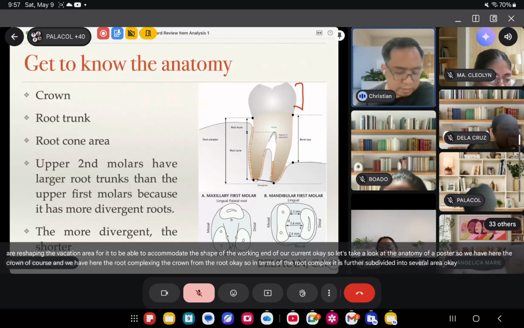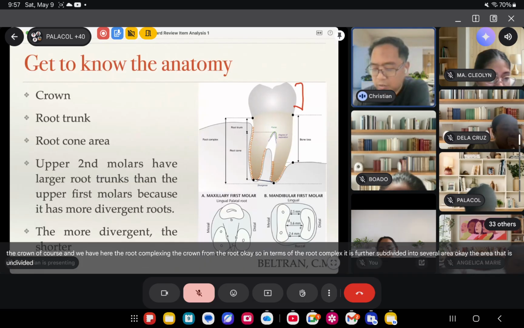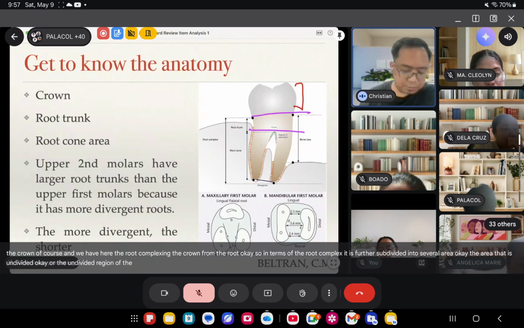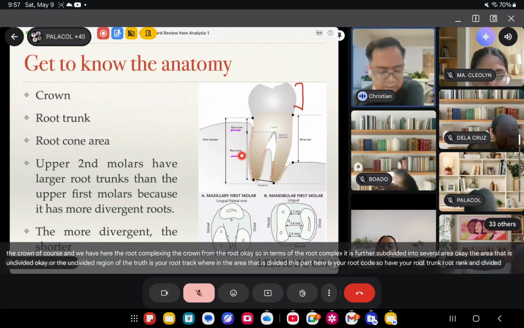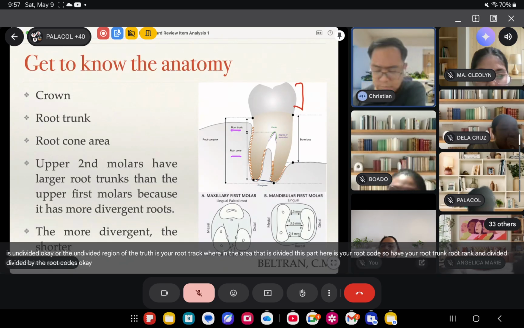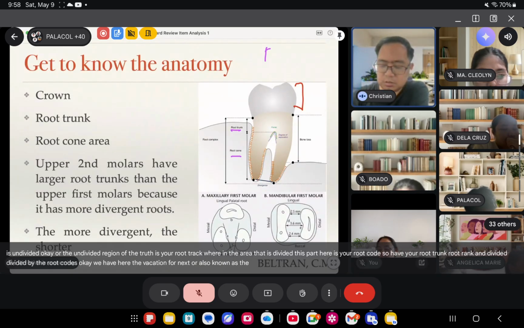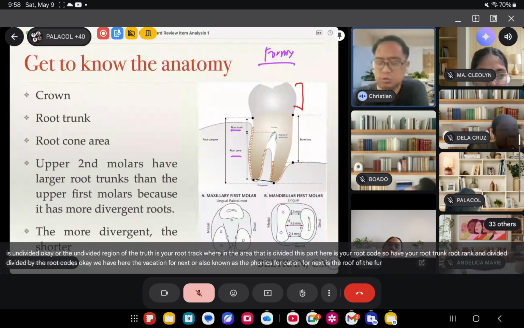The area that is undivided, or the undivided region of the root, is your root trunk, wherein the area that is divided, this part here, is your root cone. So you have your root trunk, root cone. Root trunk, undivided; divided are the root cones. We have here the furcation fornix, or also known as the fornix. Furcation fornix is the roof of the furcation.